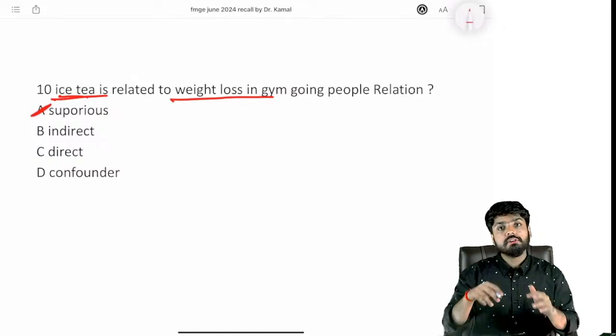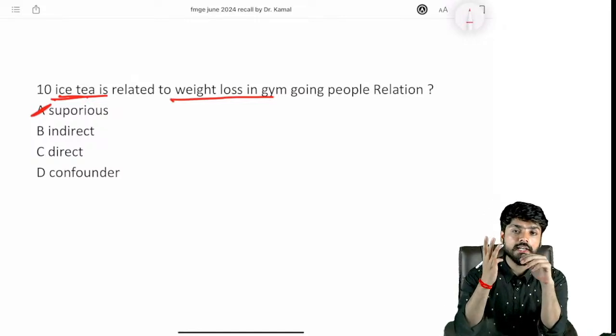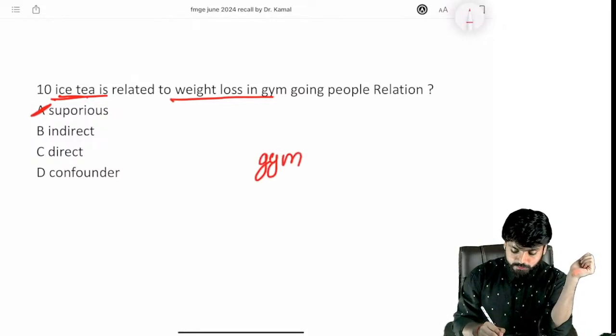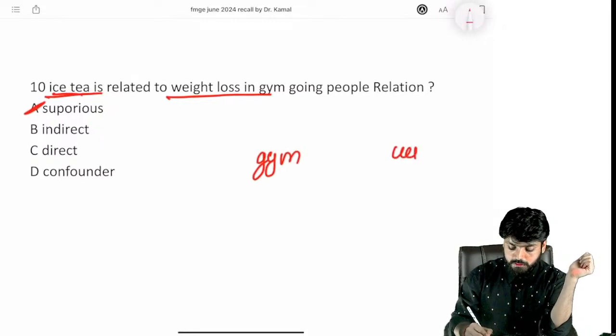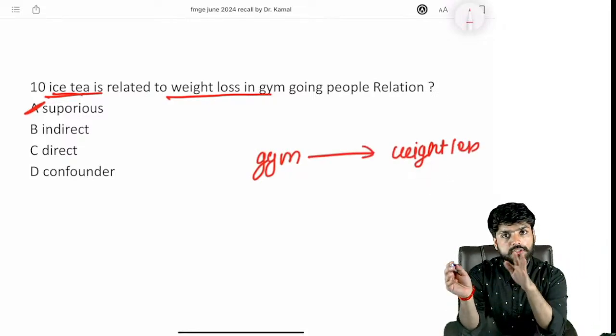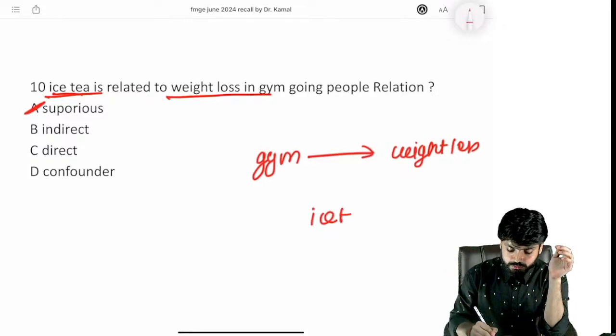But if there are three things we are taking care of: first is gym or exercising, second is weight loss. They are direct. Going to the gym, exercising and losing weight are directly related, but they are also drinking iced tea.